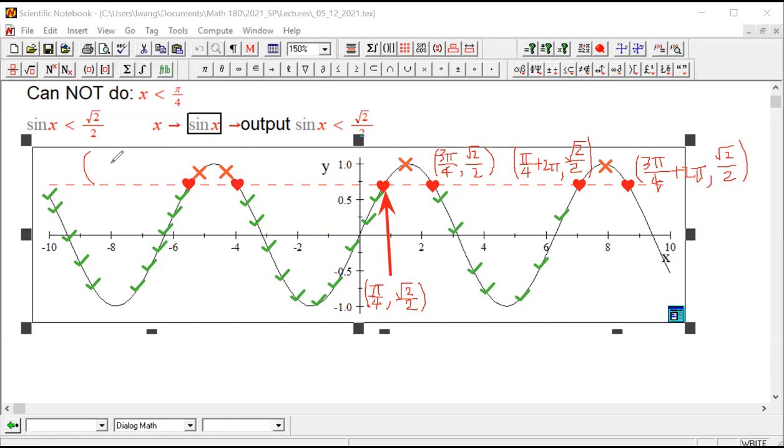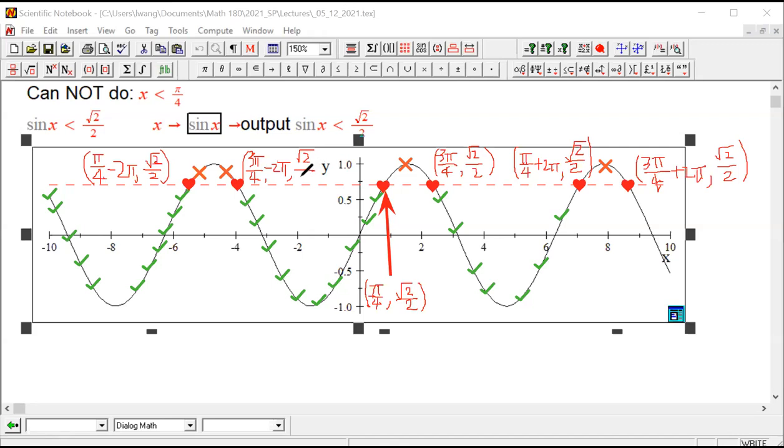Okay, so this point is pi over 4 minus 2 pi, comma, root 2 over 2. And this point is 3 pi over 4 minus 2 pi, comma. Does everybody follow me?